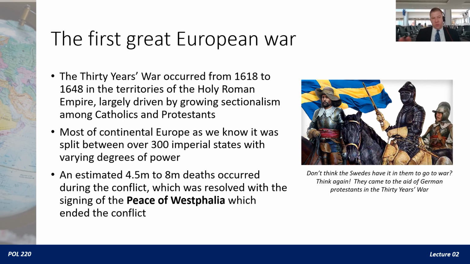We're not going to go through all the details right now, but most of continental Europe, as we know it, was split essentially between 300 imperial states, and each of these states had varying degrees of power, whether it be through resources or military or what have you. So the 30 Years' War essentially saw most of these 300 imperial states take sides and go to battle with one another, and of course it lasted a long time.